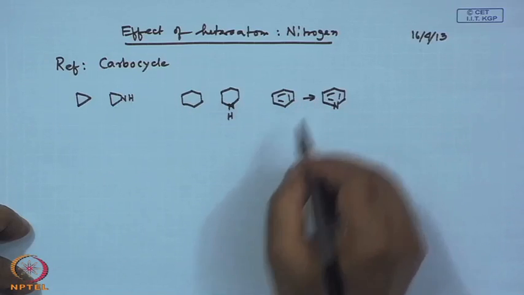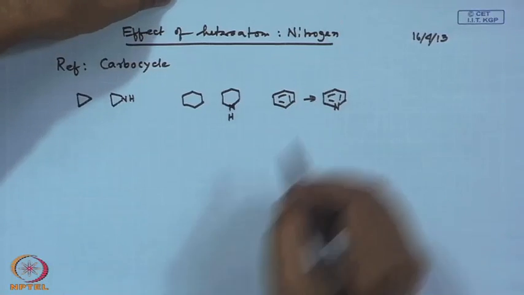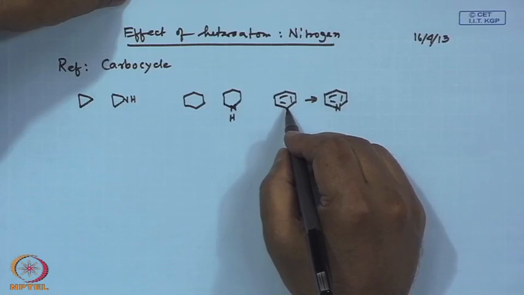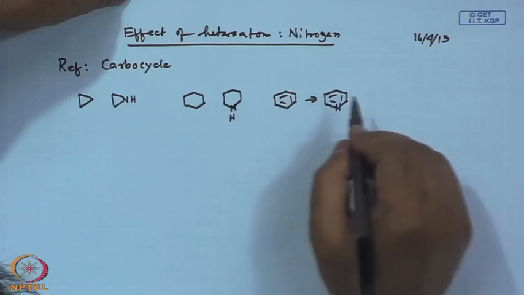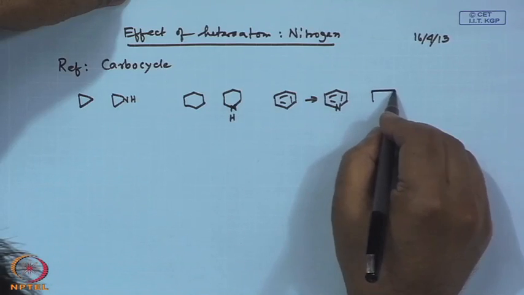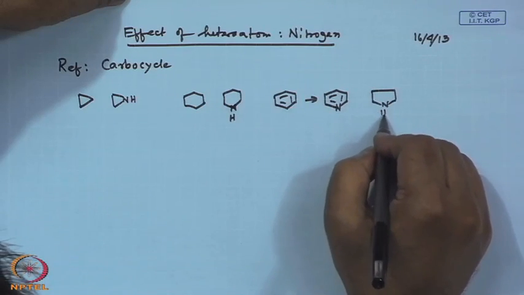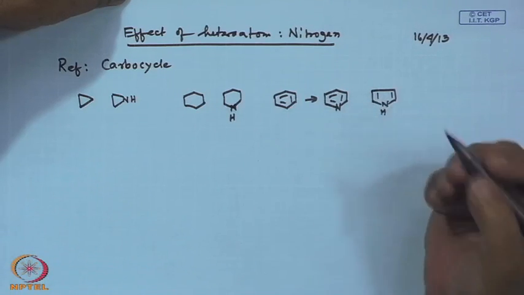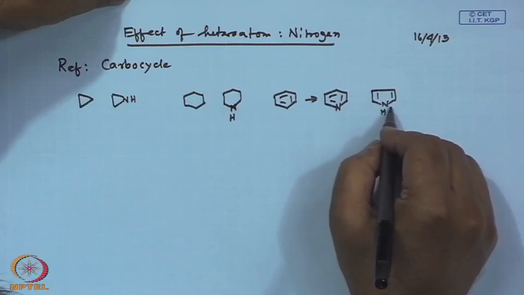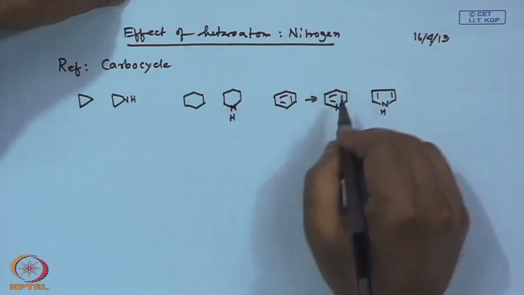That means the background of the knowledge would be based on benzene chemistry, and you can also compare benzene with pyrrole. Likewise furan, thiophene, etc. That means the heteroatom is there, but the ring size is changed.